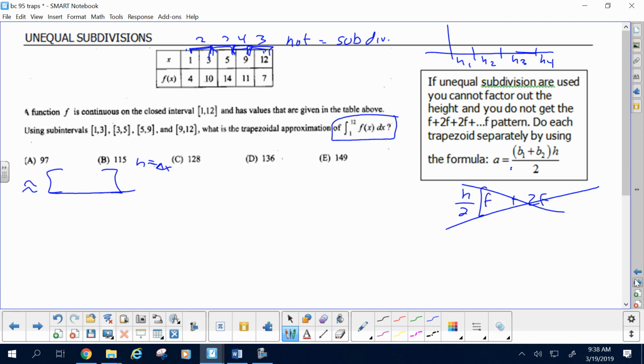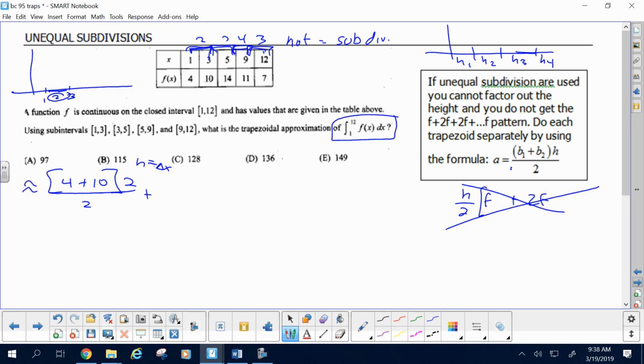So what is the first height of the trapezoid? 2. Remember, although it's horizontal, that's actually the height. The bases are the parallels, and they run up and down. So the bases are f at 1 and f at 3, so 4 and 10. That is its own trapezoid we'd have to do.